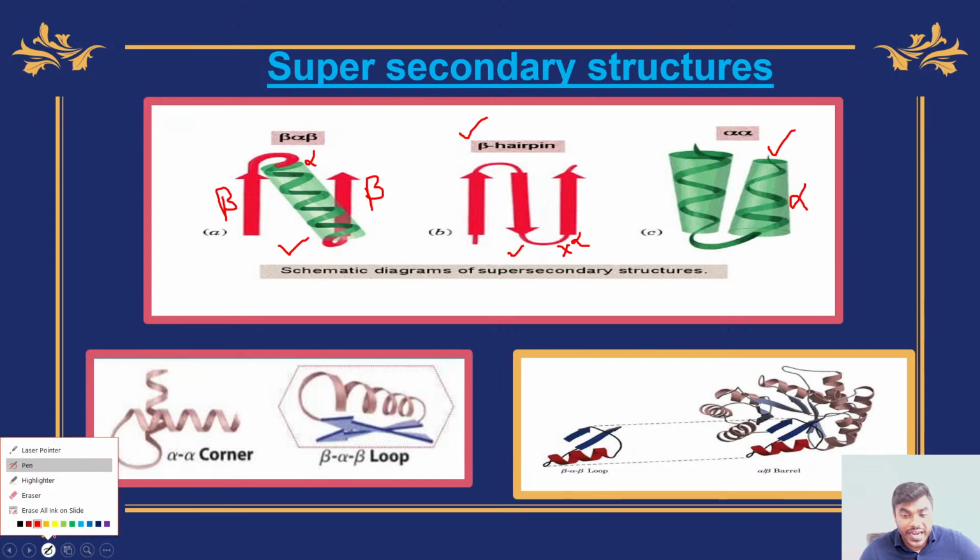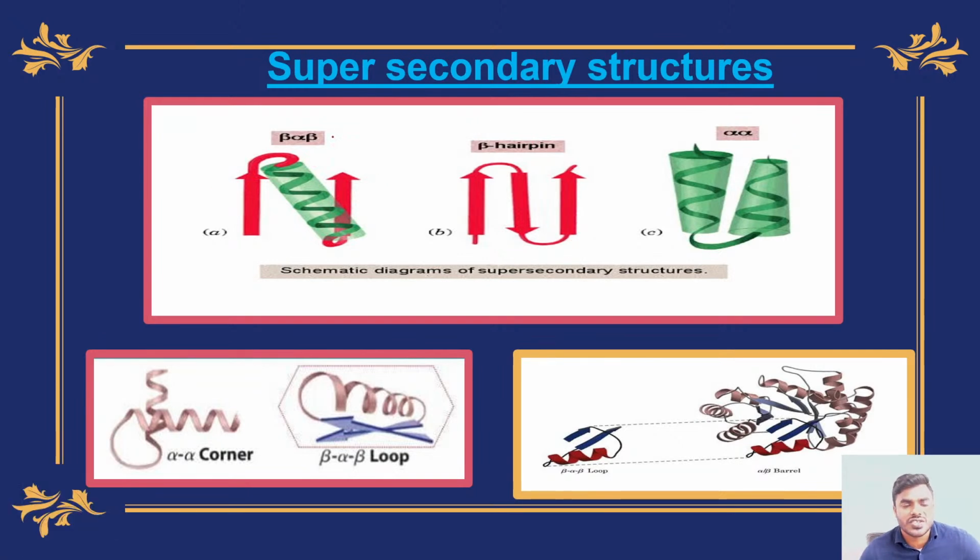So let me write the possible combinations. The first combination, the protein contains only alpha helix. The second combination, the protein contains only beta sheets. The third combination, it contains alpha, beta, alpha. The fourth combination, it contains beta, alpha, beta.